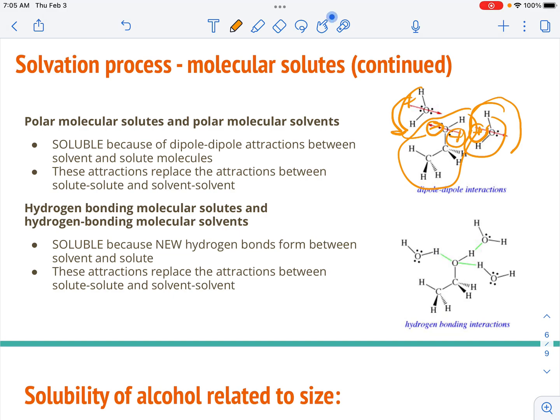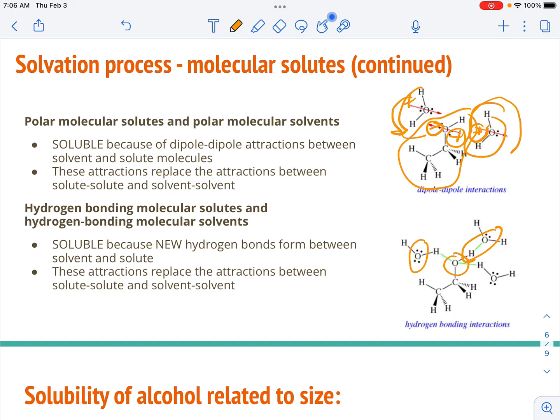If it's hydrogen bonding, then this is even better because hydrogen bonds are just strong dipole attractions. The more capability for hydrogen bonding, the more soluble another hydrogen bonding substance will be in it. So alcohols, that oxygen has two places here where hydrogen bonds can form, and so does water, two places here and here where hydrogen bonds can form, like so, between molecules.